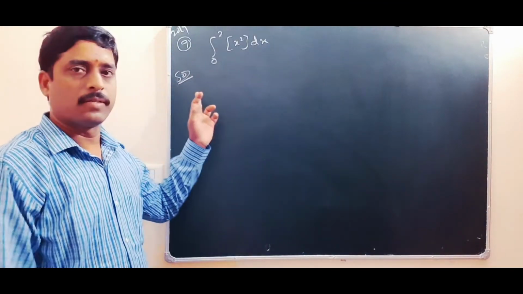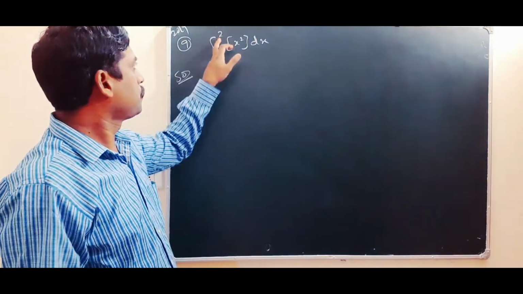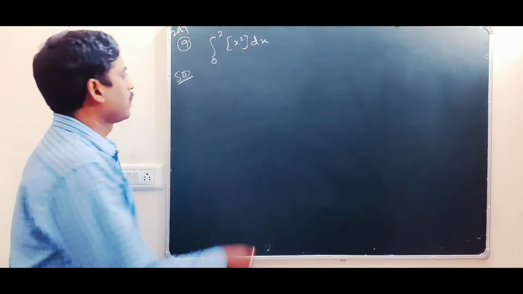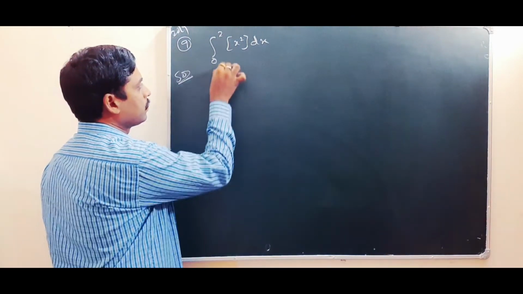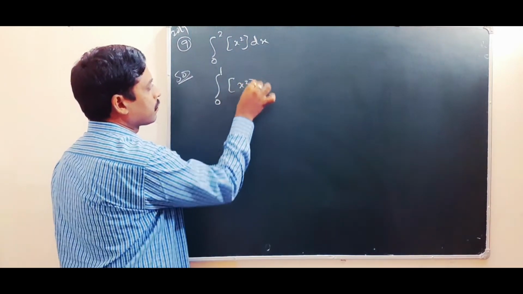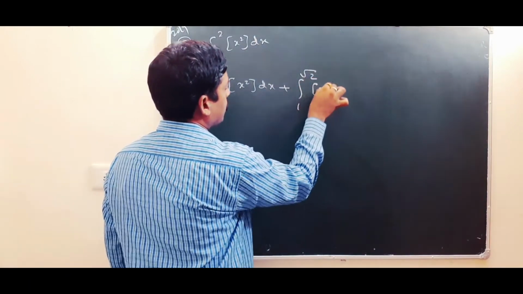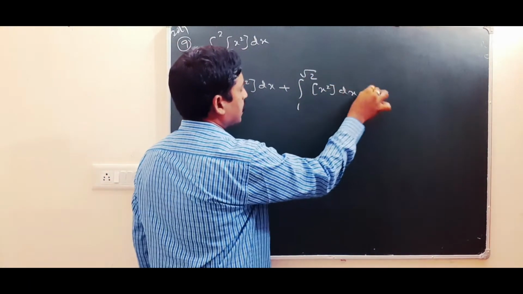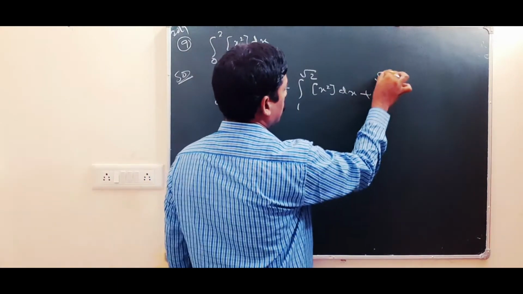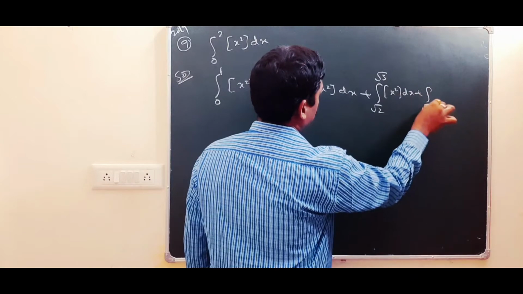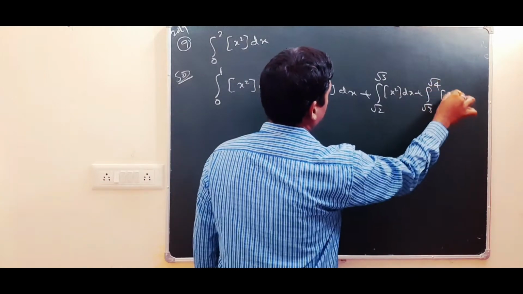Okay, let us go to the next problem. Integral 0 to 2 of the integral part of x square dx. This can be written as integral 0 to 1 of integral part of x square plus 1 to root 2 of integral part of x square plus root 2 to root 3 of integral part of x square plus root 3 to root 4 of integral part of x square.